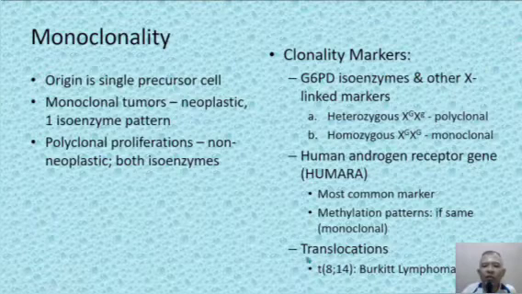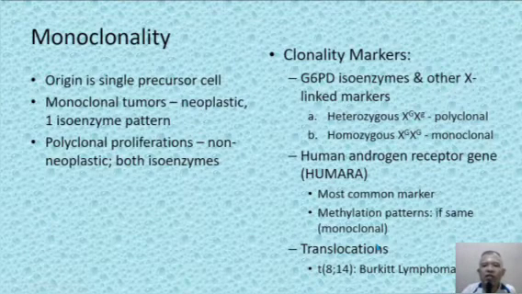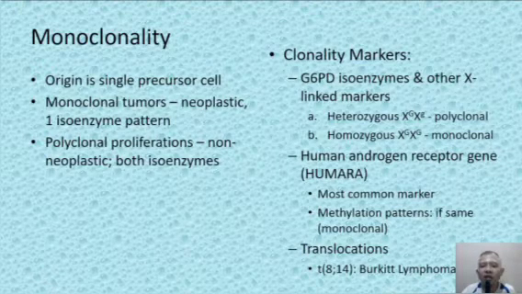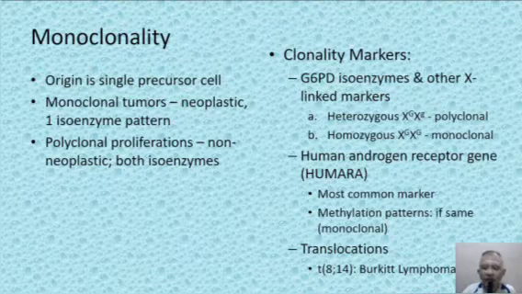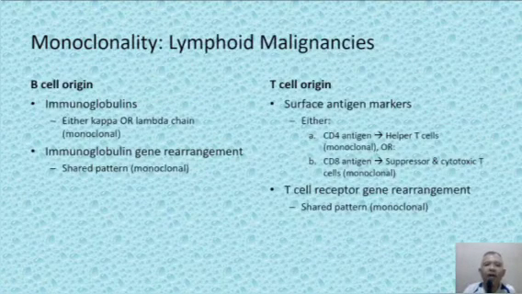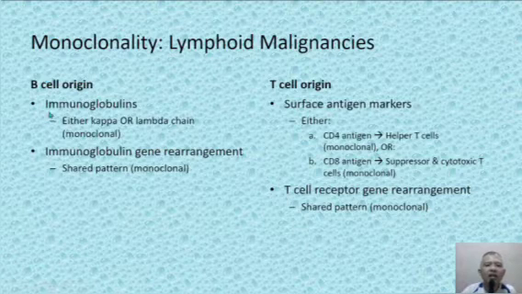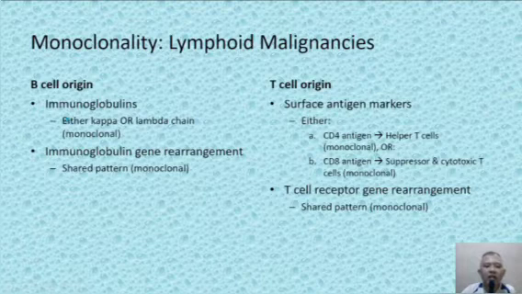When tumors present with a certain translocation from one chromosome to another, it is also an indicator for clonality, such as in Burkitt's lymphoma. However, in lymphoid malignancies, we also have other indicators for clonality, such as in B cell tumors, the kind of immunoglobulins that it produces. For it to be monoclonal, it has to produce just either kappa or lambda chain.